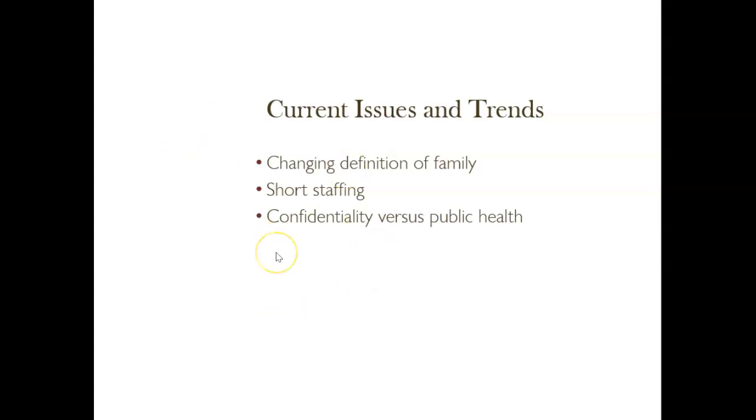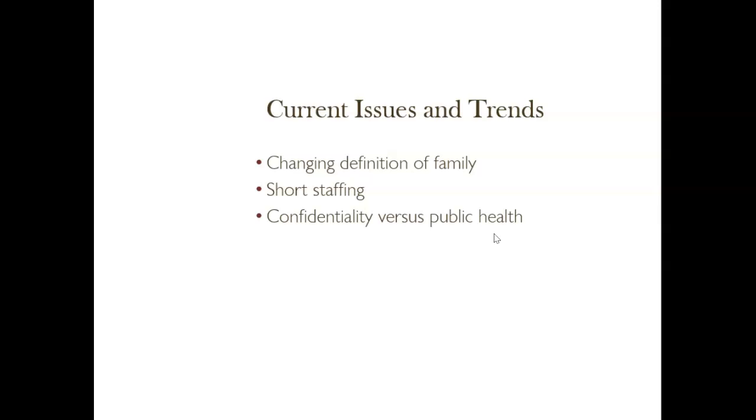Just some trends your textbook talks about. We know that nursing staffing shortages can become a serious issue ethically for people, not feeling like you can provide adequate care. Also, how definitions of families and who all really has say-so and involvement is ongoingly changing.